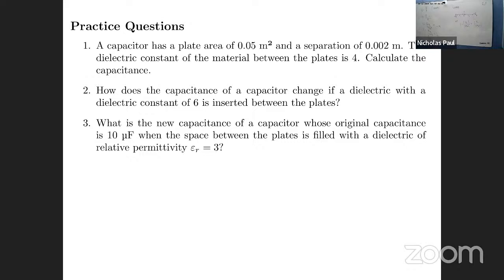What did you get for number 1? 8.85 by 10 to the minus 10.